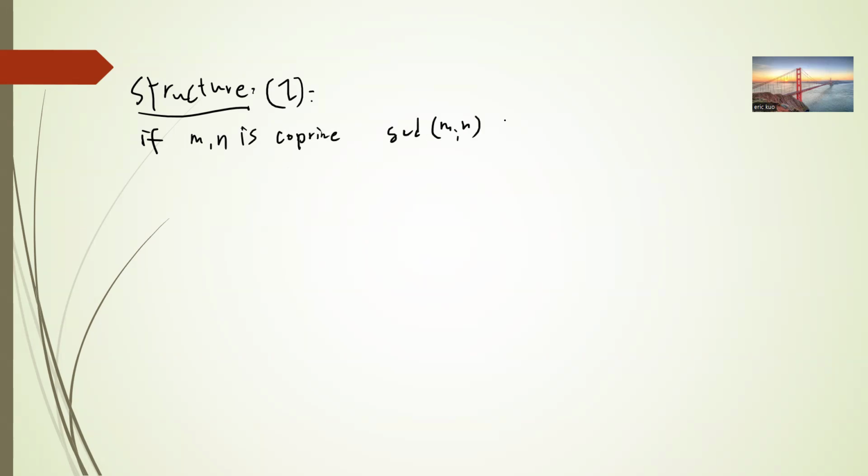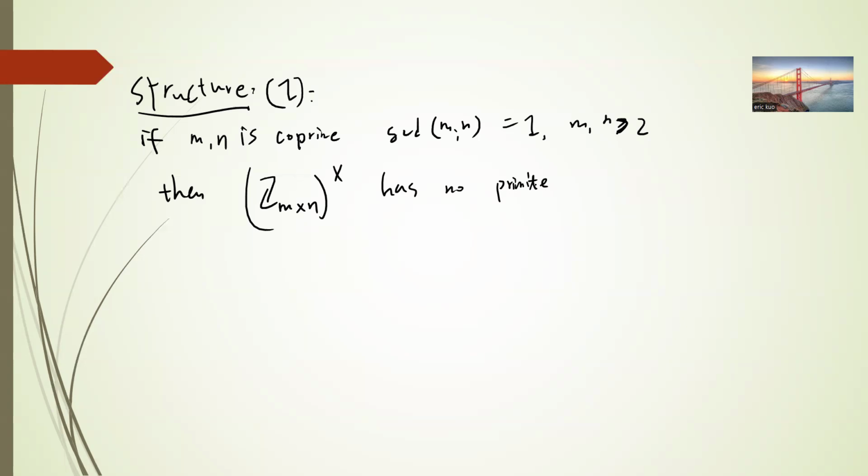I will first do the simple case, so let me just introduce the structure theorem. This is a very simple one, but already a little bit non-trivial. This theorem tells me that if M and N are coprime to each other, so basically the GCD of M and N is 1, and M and N are both greater than 2, then Z/MNZ cross has no primitive roots.